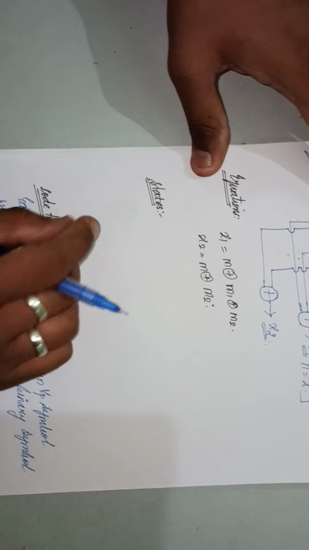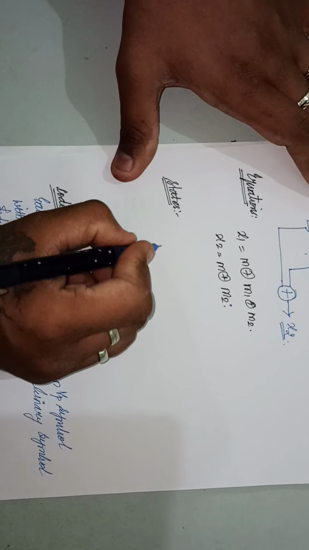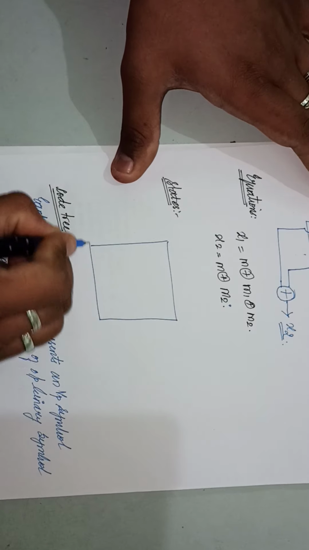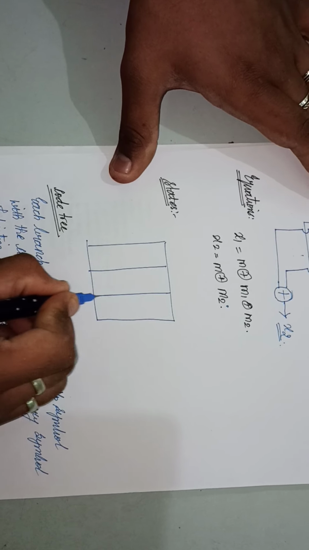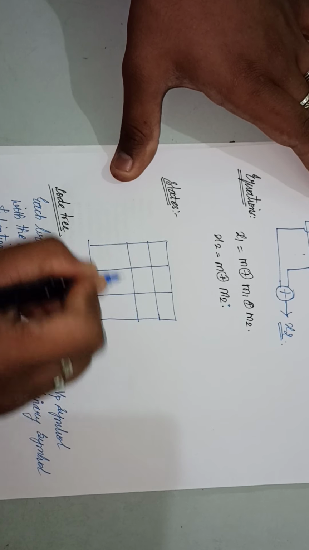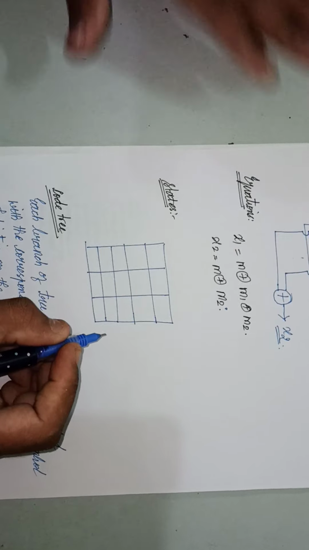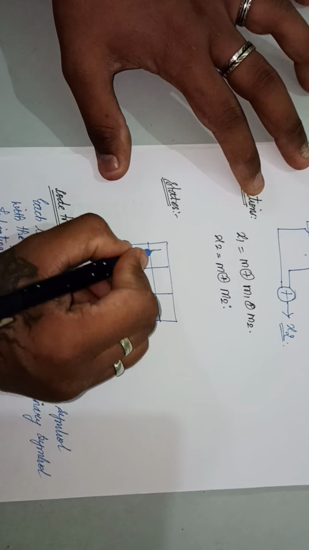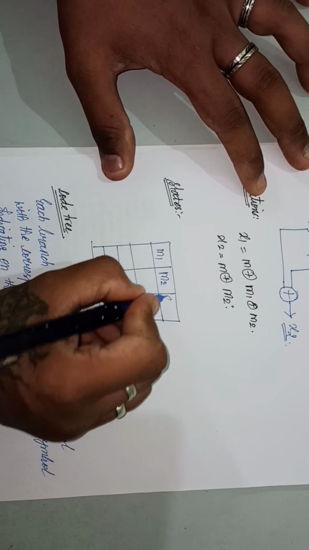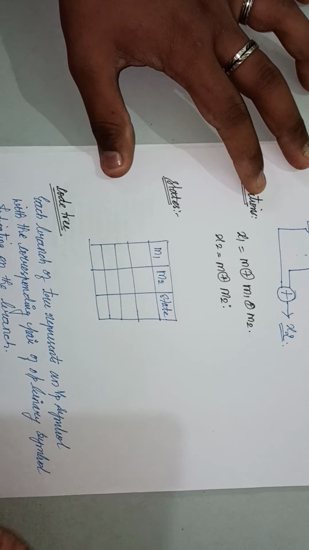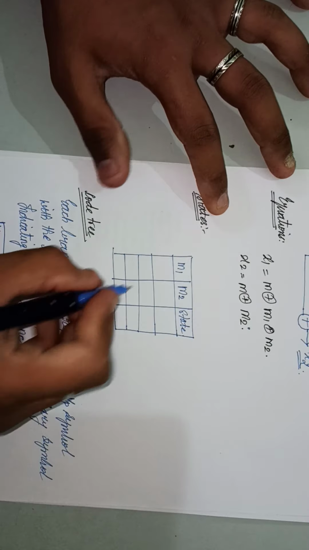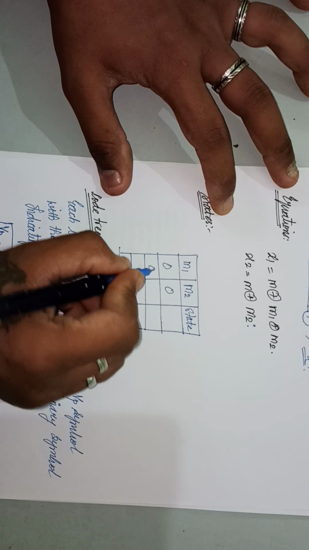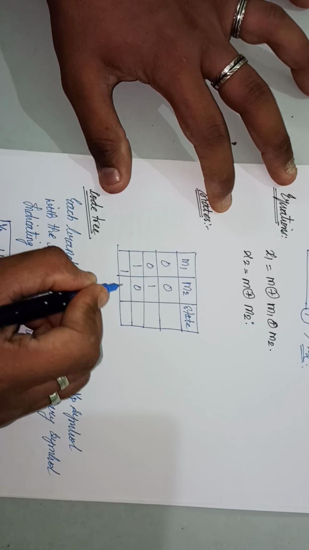Now I am going to draw the states. First of all, draw the tabular column, which will consist of 4 values. m1 and m2 are the two values, and this is the state. It has 4 combinations: 00, 01, 10, 11.